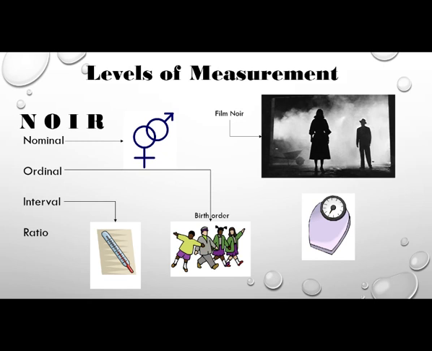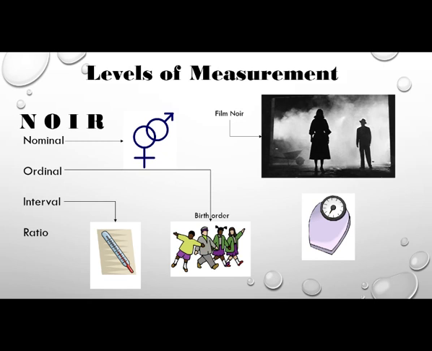Then we have interval data, and I don't know if you can really tell, but that's a picture of a thermometer. And the reason why I have it pointing there is when you're talking about temperature, if I say it's 0 degrees outside, it doesn't mean there's no temperature. It just is a placeholder in the order of the thermometer, right?